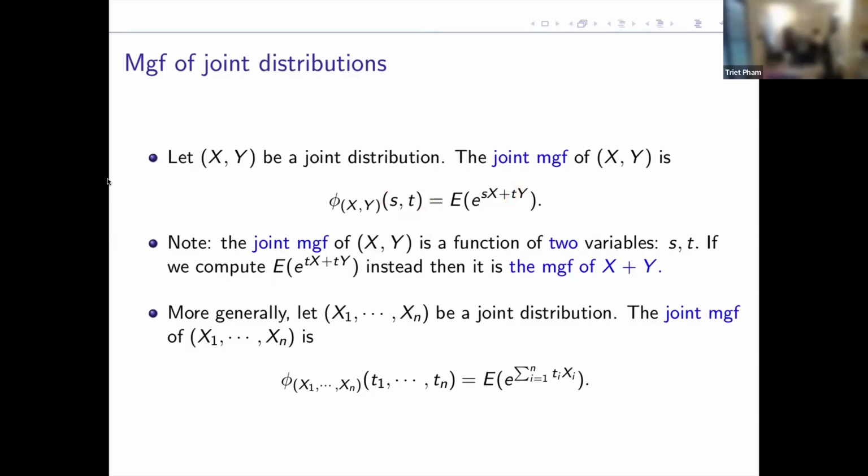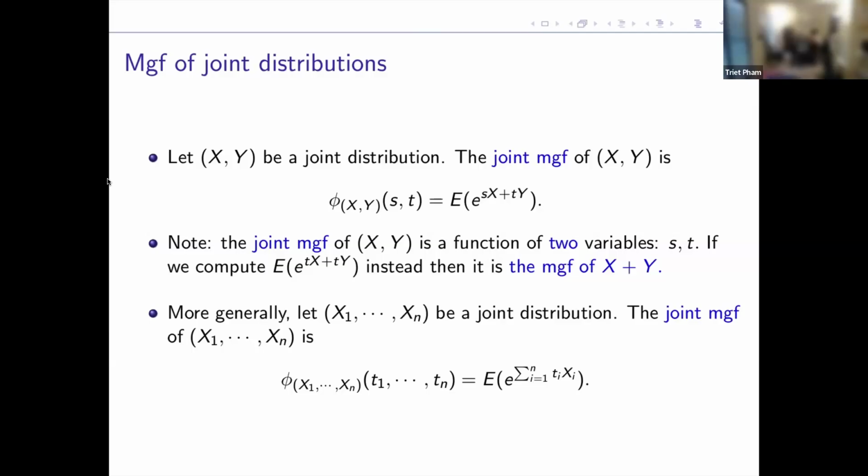Okay, it's a very common mistake to use the same scalar for both X and Y. But if you do this, then you are talking about the moment generating function of the sum X plus Y, not the joint moment generating function of X and Y. Is that okay?